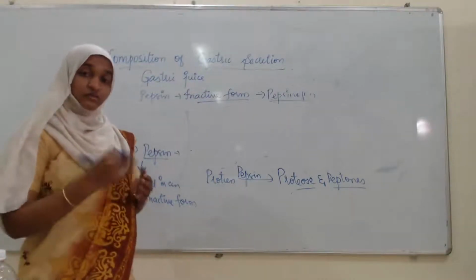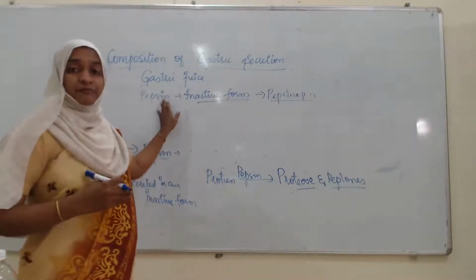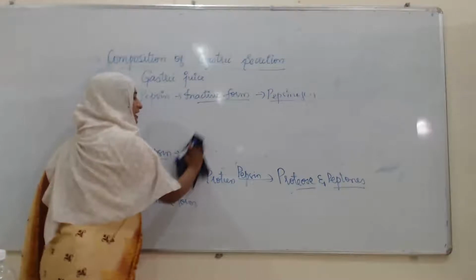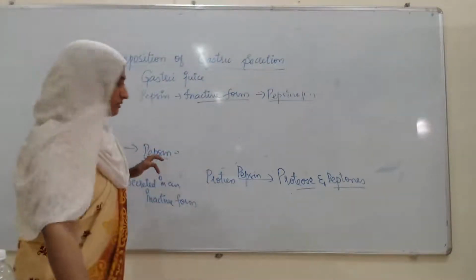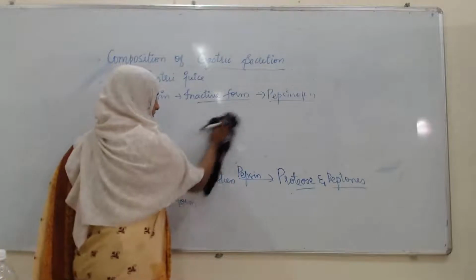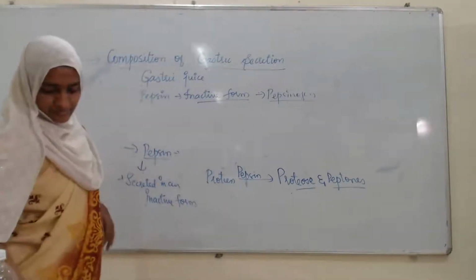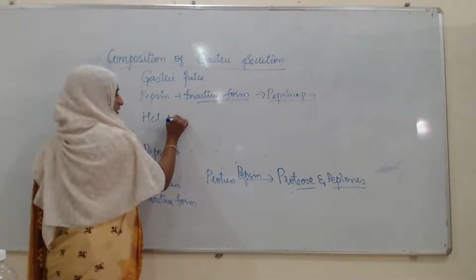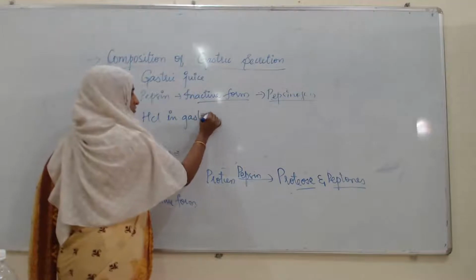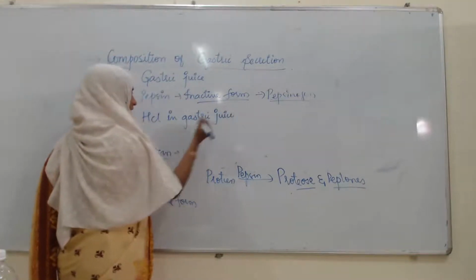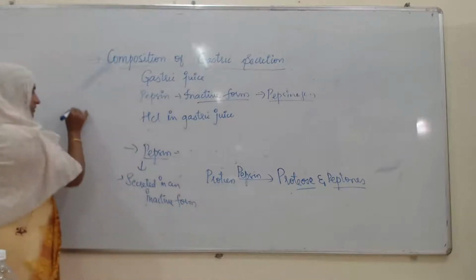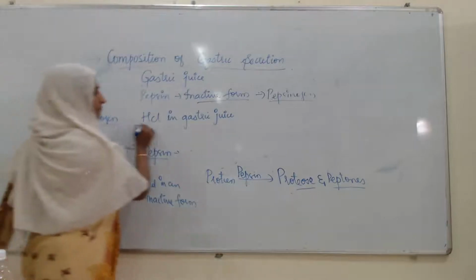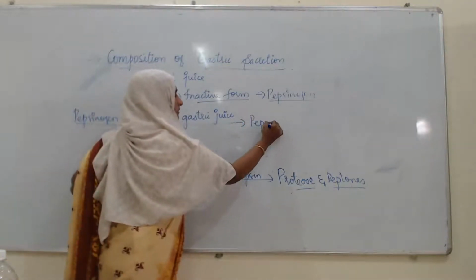So who is going to activate this pepsinogen into pepsin? There is the presence of HCl in the stomach. HCl in the gastric juice converts pepsinogen into pepsin.